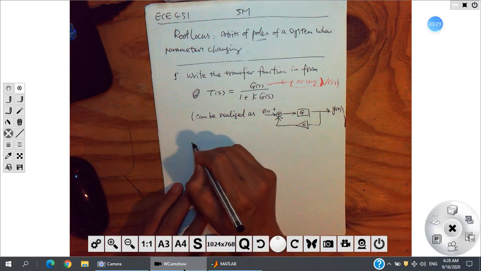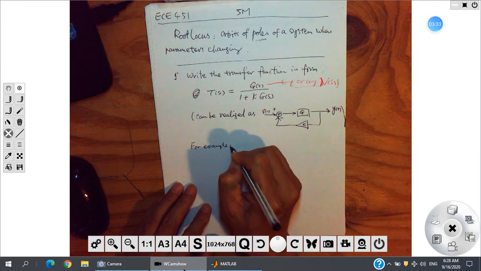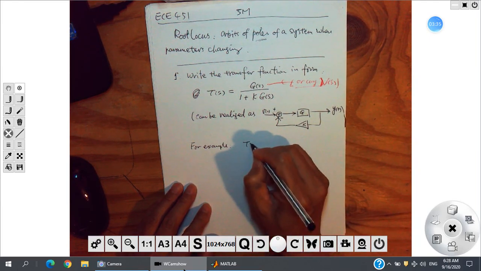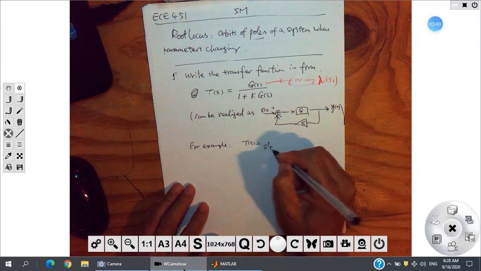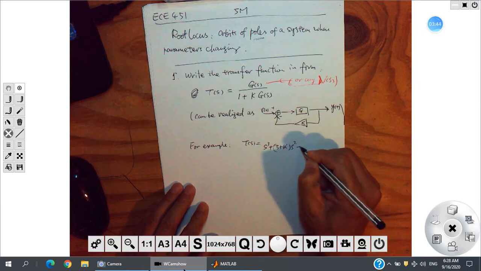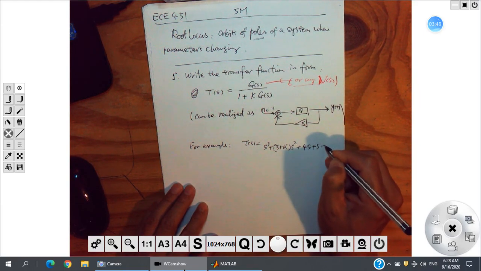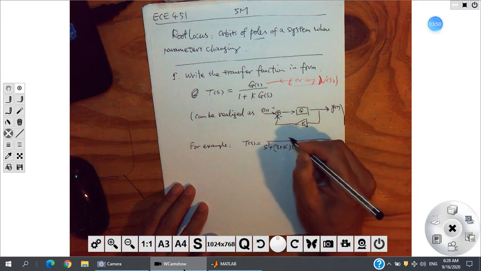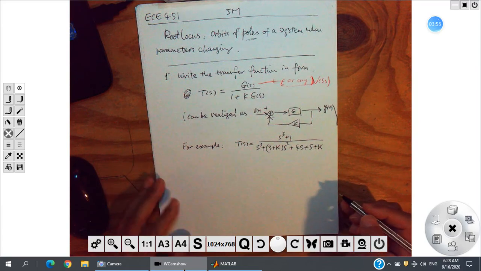For example, T of S equals S cubed plus 1 over S cubed plus 3 plus K S squared plus 4S plus 5 plus K. For example, we have a system that looks like this.